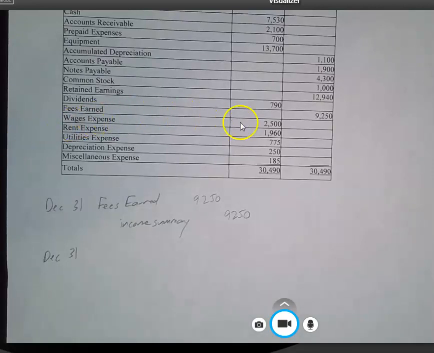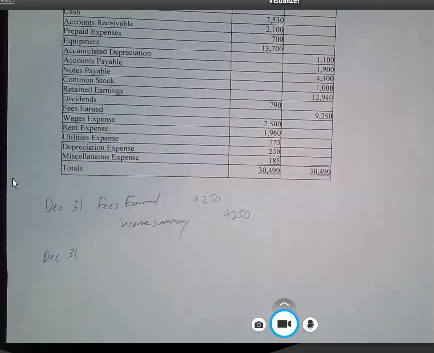All of these expenses have debit balances, which is correct. So we're going to have to credit them to get those to 0. Because just like the fees earned needs to be 0 tomorrow on January 1st, so do all of these expenses. Because our depreciation expense is only for this year.